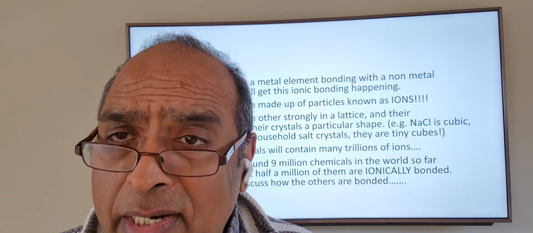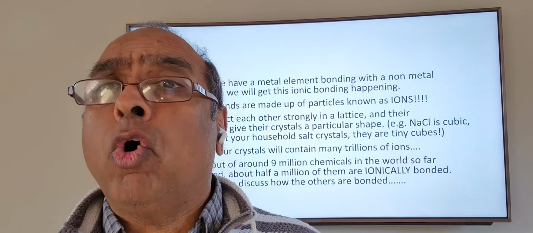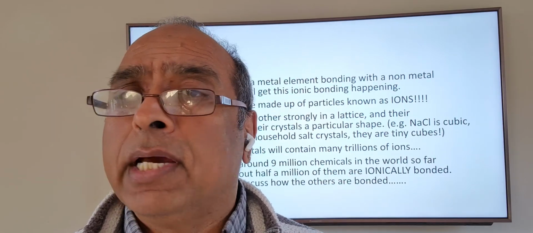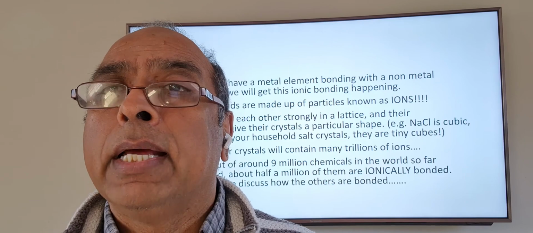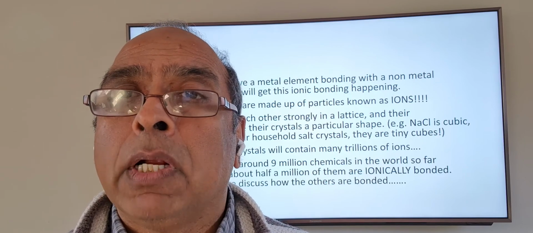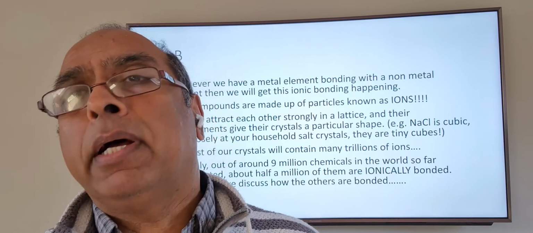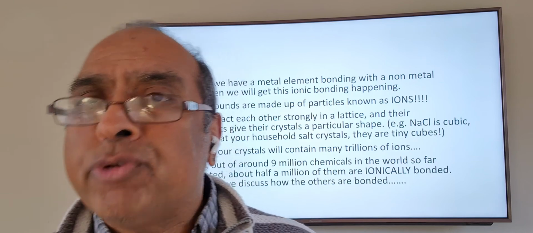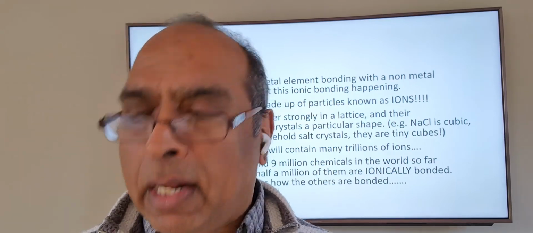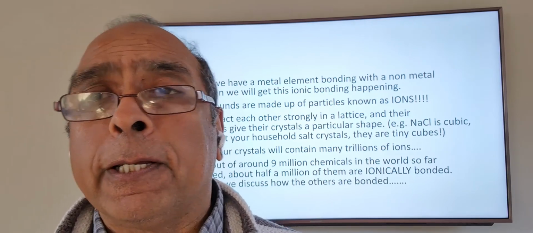So this is a really important type of bonding, but there are other compounds that don't have this kind of bonding. And that's what we're going to deal with next time. It's going to be called covalent bonding, but I think next I'll do a practical session on some of these properties, and then I'll get into covalent bonding as another type of bonding.